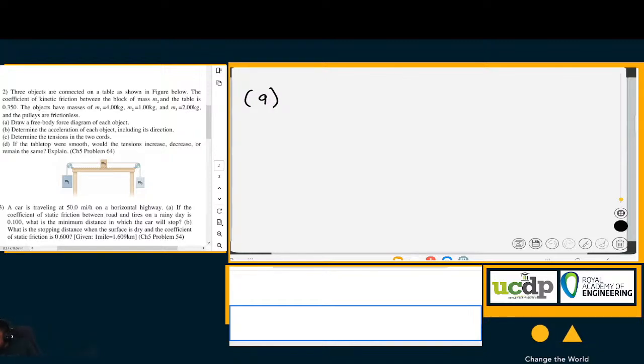For mass M1, we have a force going upwards and a force going downwards. This is the weight of 1. This is the tension in 1. That is for mass 1.